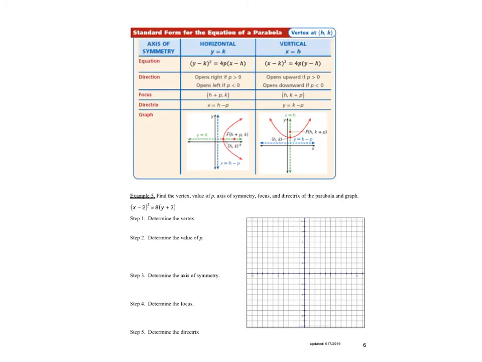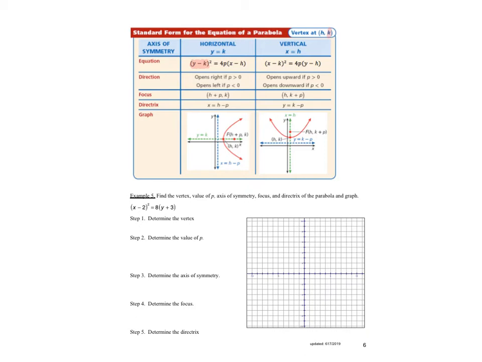Let's now think about what happens if we have our vertex not necessarily at the origin. It looks very similar. The situation is the same, we've just carried out a transformation. Everywhere that we saw a y before, we will now have a y minus k, where k is the y-coordinate of the vertex.